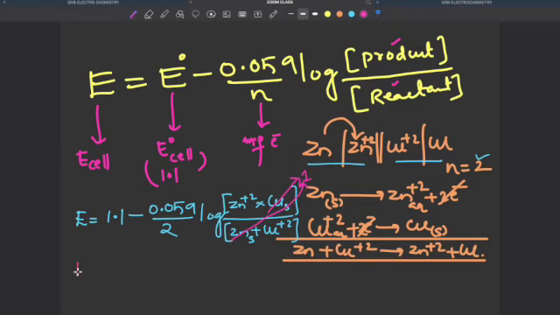So what are we left with here? So E would be equal to 1.1 minus 0.059 over 2 log, what I am left with here? So it's only Zn plus 2 का concentration over copper plus 2 concentration. What do you say? This is the final equation for this electrode of zinc and copper.